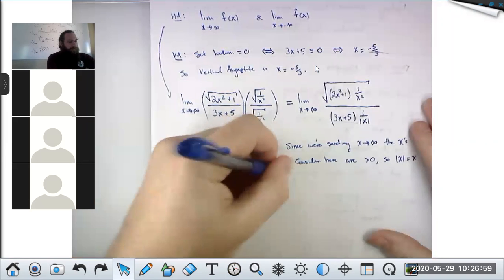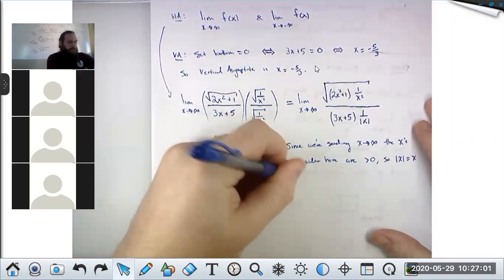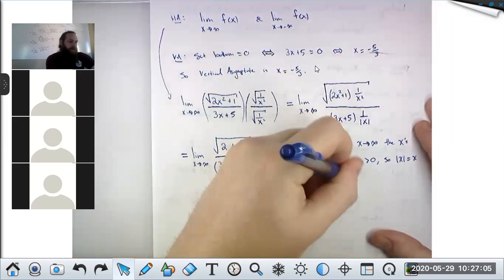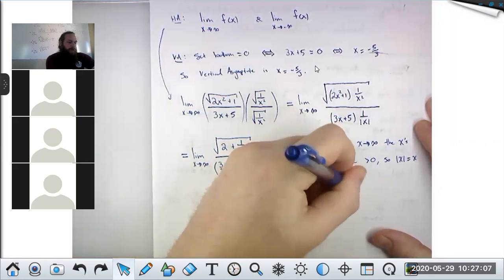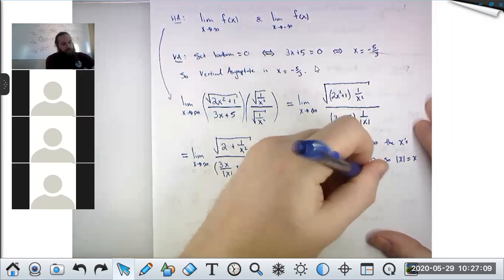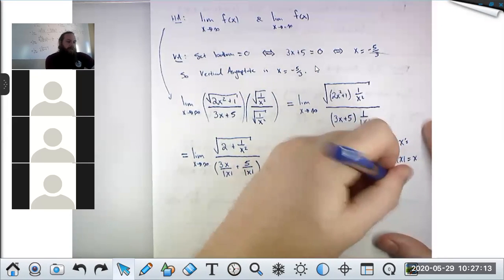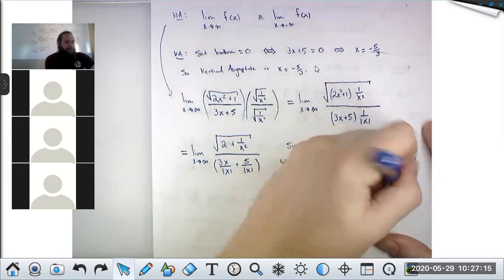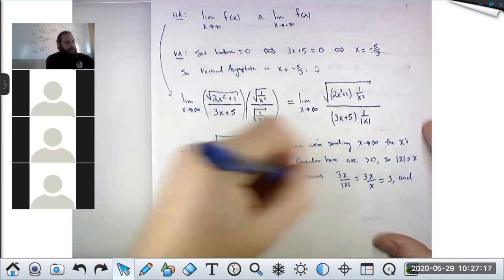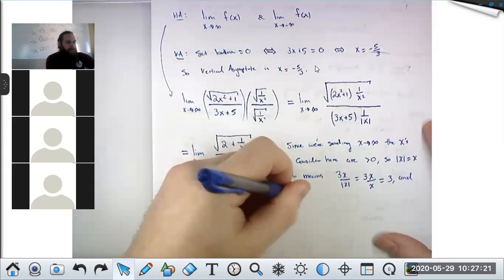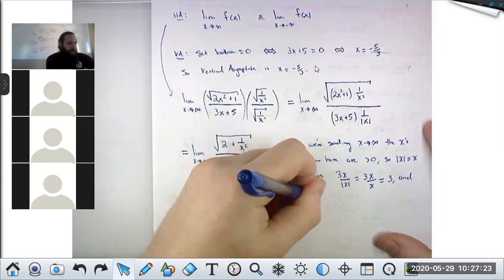Which means the 3x over the absolute value of x term is really 3x over x. And you can cancel the x's and you just get 3. And the 5 over the absolute value of x term is really 5 over x.